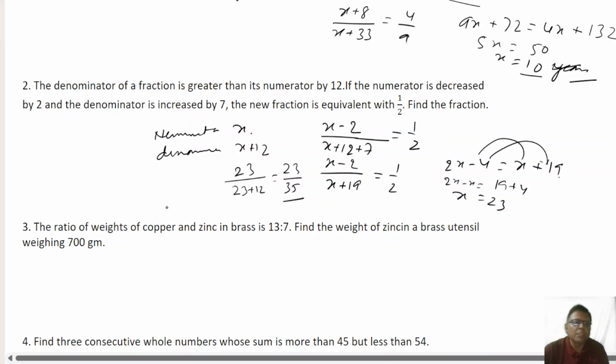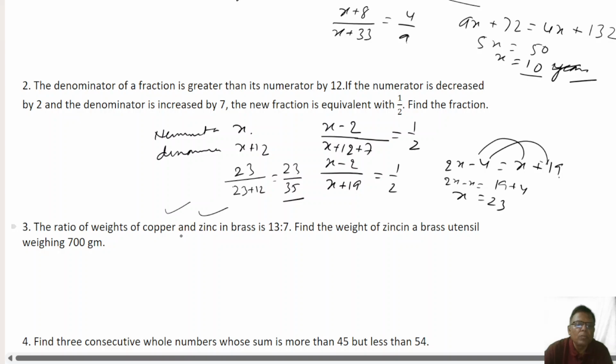The next question says the ratio of weight of copper and zinc in brass, which is actually made of copper and zinc, is 13:7. Find the weight of the zinc in the brass utensil weighing 700 gram.